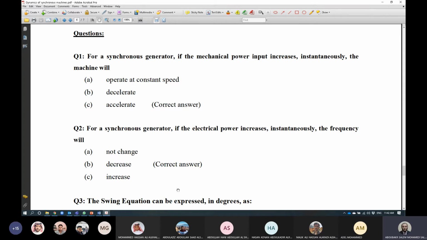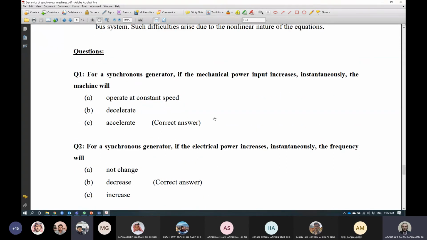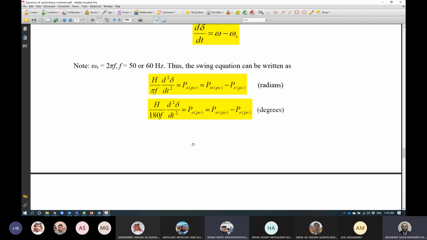Yes. Okay, question number 2, please. What's the mathematical relation between the synchronous generator speed and the mechanical and electrical power? This is the relation we have derived now: Pm minus Pe equals H over πf multiplied by d squared delta over dt squared. d squared delta over dt squared is the acceleration.